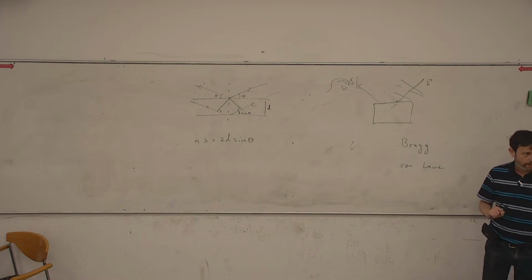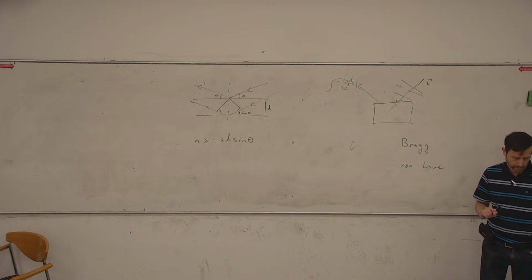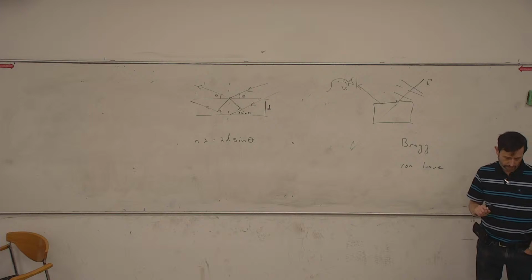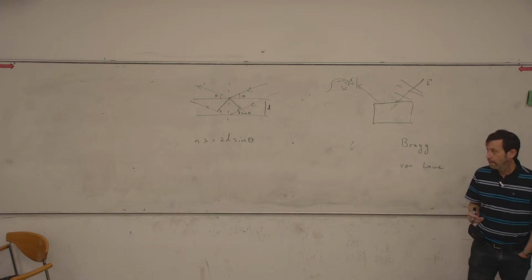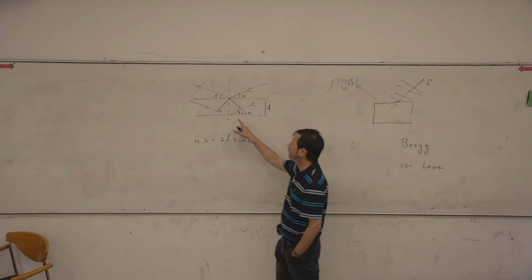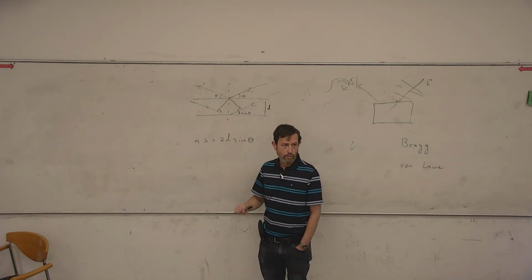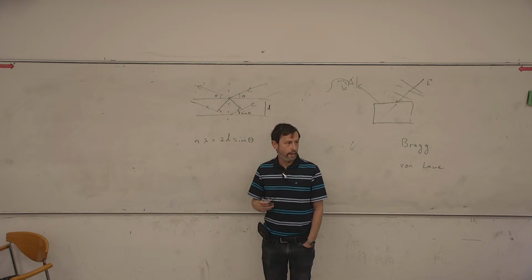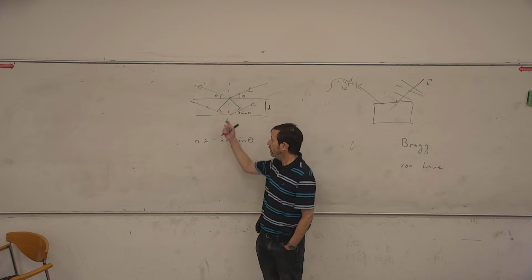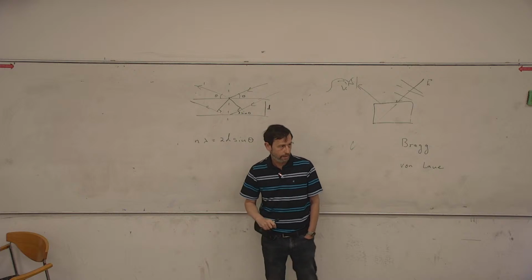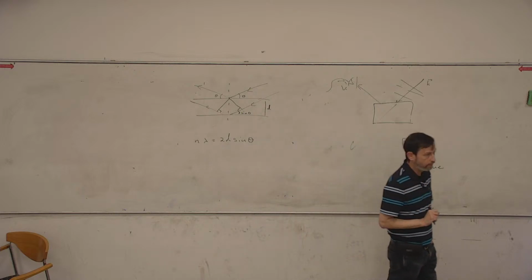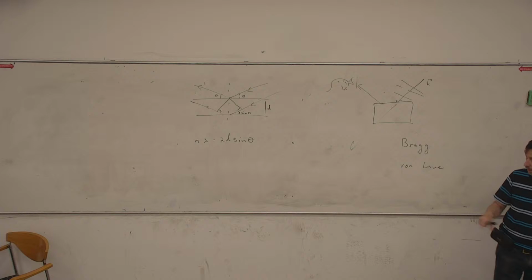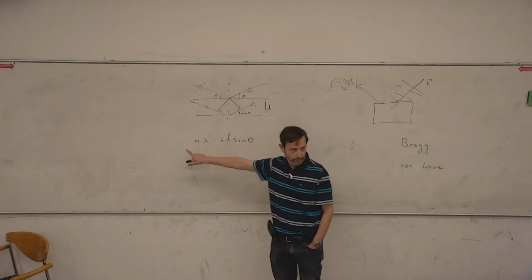Can you explain why the wavelength is appearing here? Because I need the phase accumulated across it to be 2 pi, or some multiple of 2 pi, right?